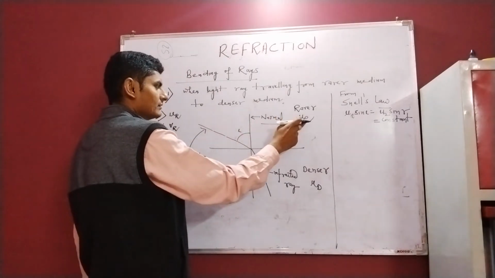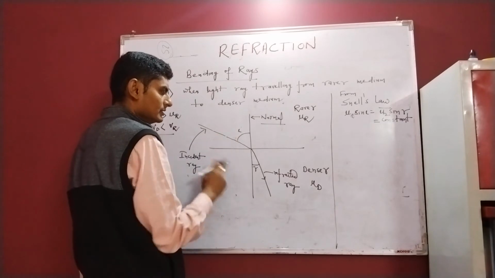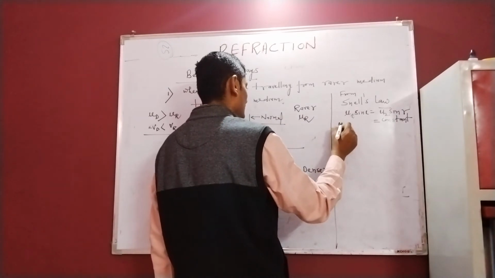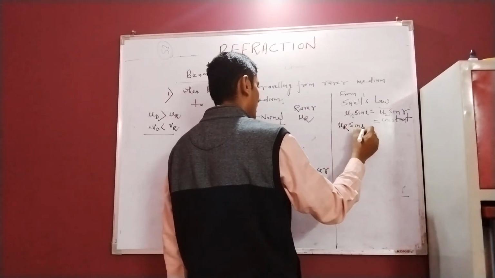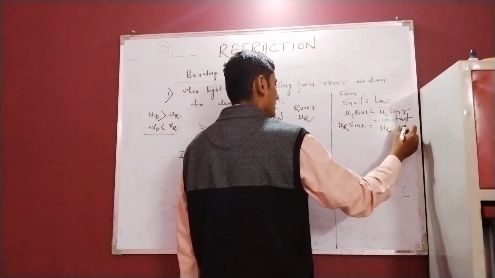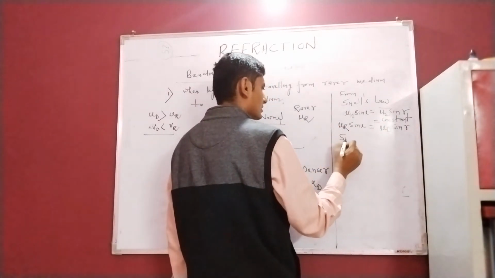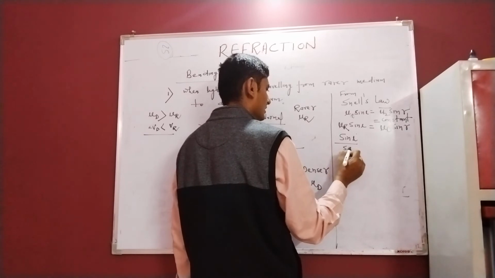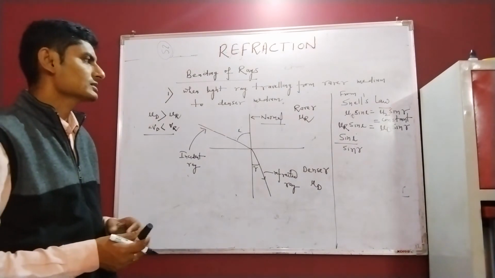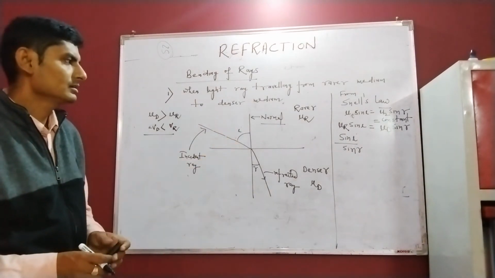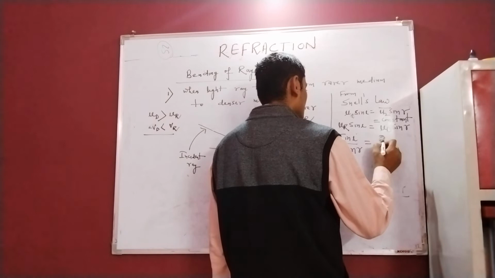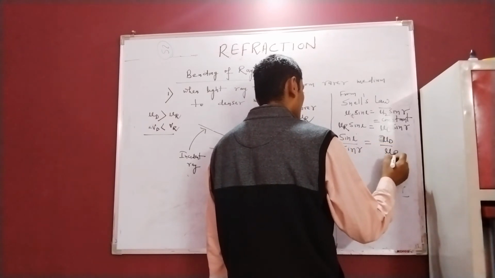In this medium the refractive index is mu r and the angle is I. In this medium the refractive index is mu d and the angle is R. So mu r sin I is equal to mu d sin R. From here, sin I upon sin R, since Snell's law is also stated as the ratio of the sines of the corresponding angles remaining constant, is equal to mu d upon mu r.